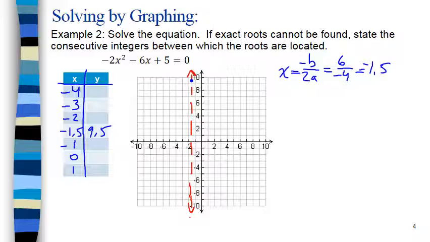And when x equals negative 1, y equals 9, and that also goes for negative 2. So we can graph those right here. When x equals 0, y equals 5, and we can reflect that across.